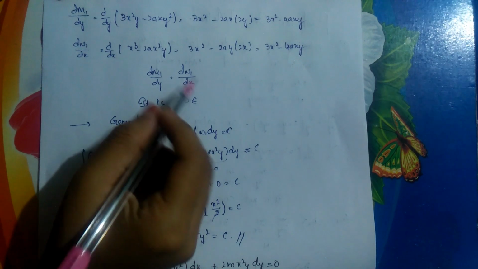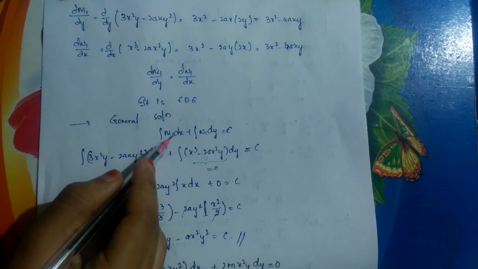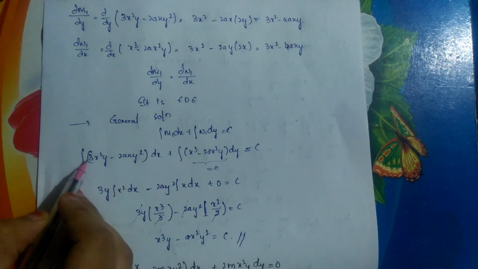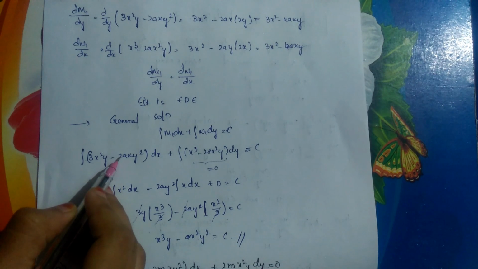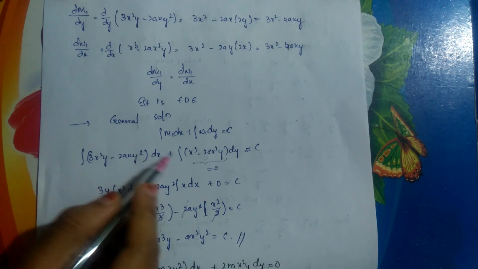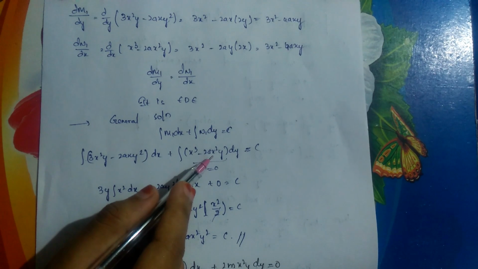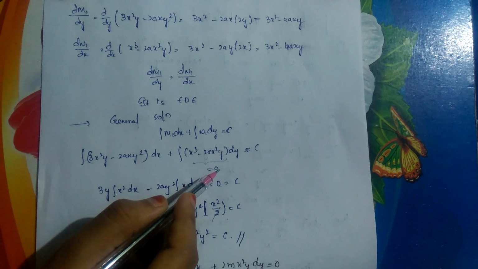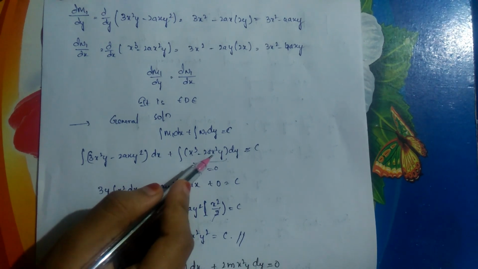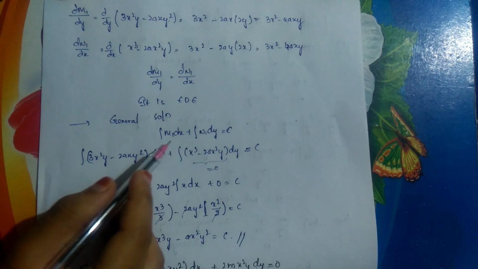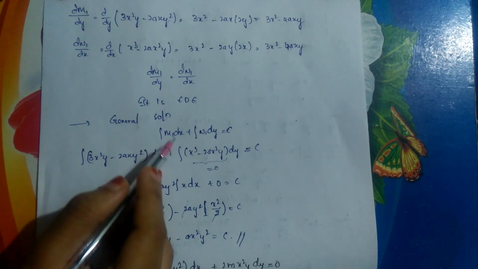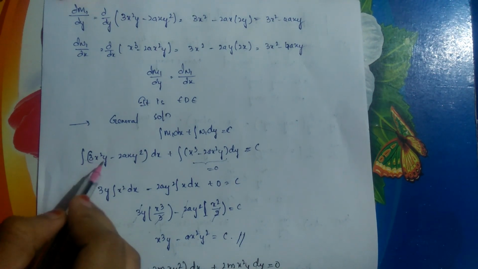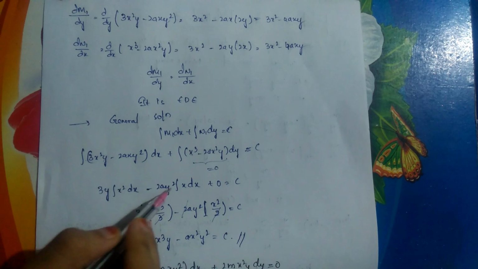Then we can find the general solution, that equals ∫M1 dx + ∫N1 dy = c, that is ∫(3x²y - 2axy²) dx + ∫(x³ - 2ax²y) dy = c. The second value anyhow becomes 0 because x terms are present in the function N1, and in the function M1, y is treated as constant. So the first term is integrated and the second term separately.